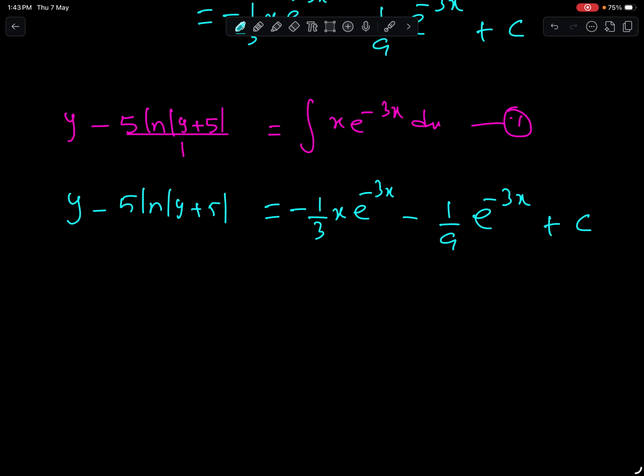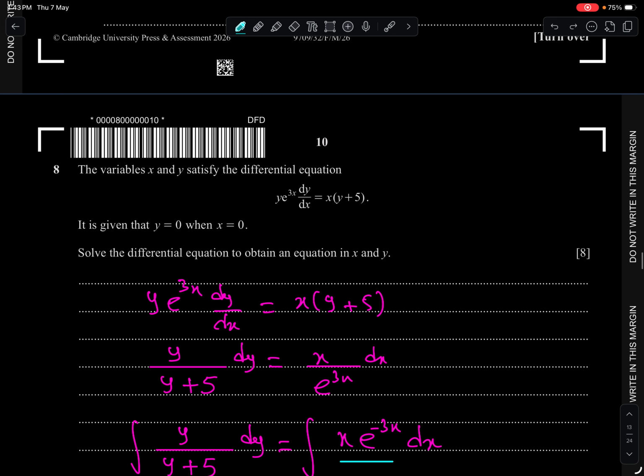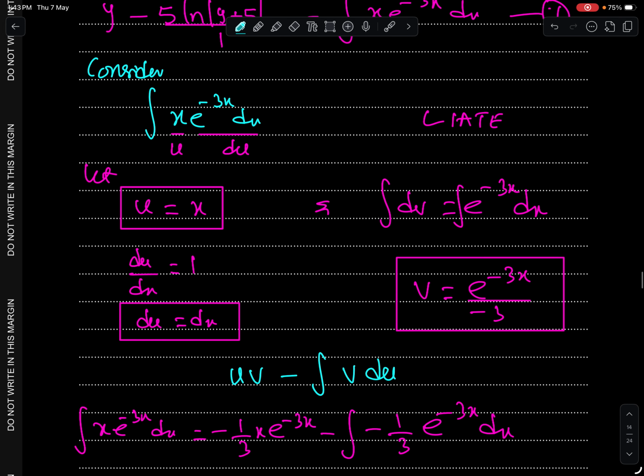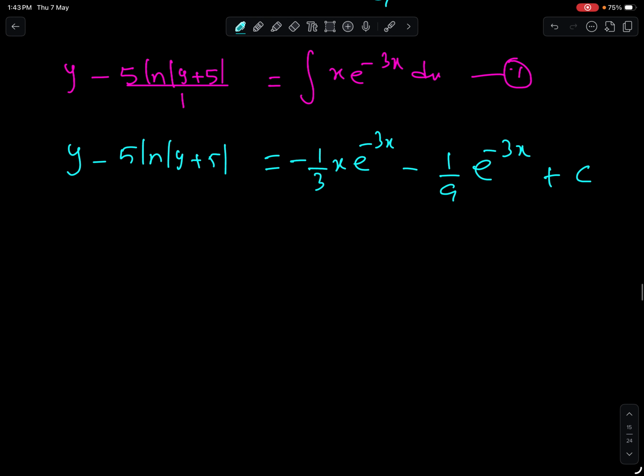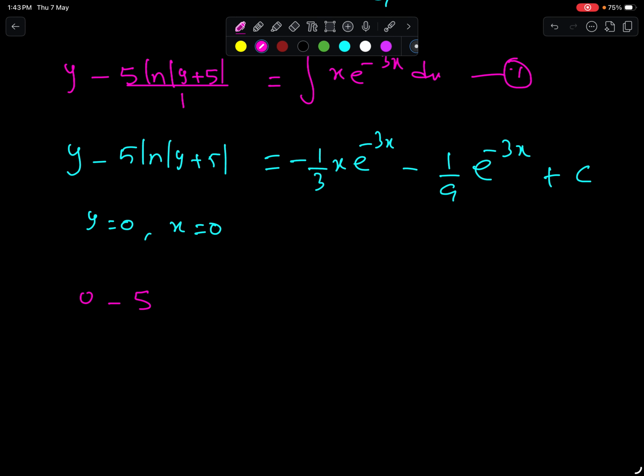Now we need the value of c, and for that we have the given condition. It's given y0, x0, and we need the equation in terms of x and y. I mean the equation in x and y. We don't need to make either x or y the subject. So y is 0, x is 0, therefore 0 minus 5 ln 5.